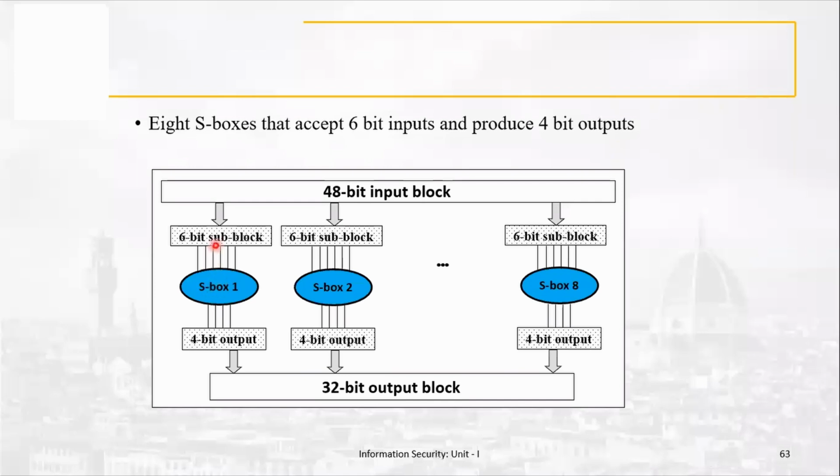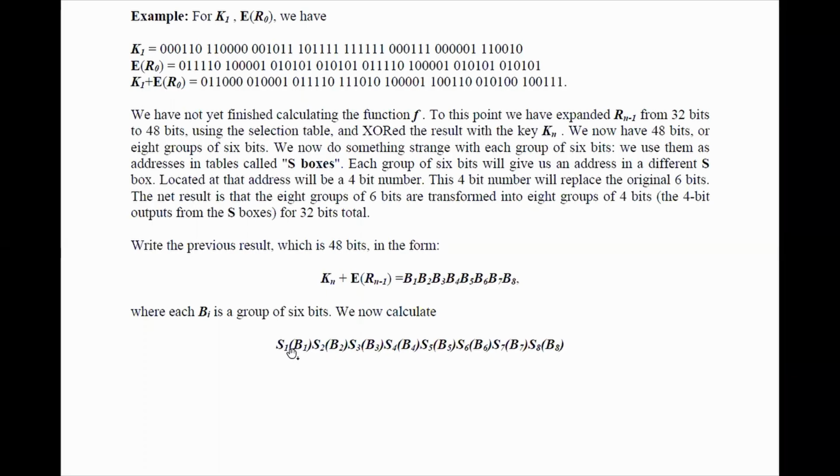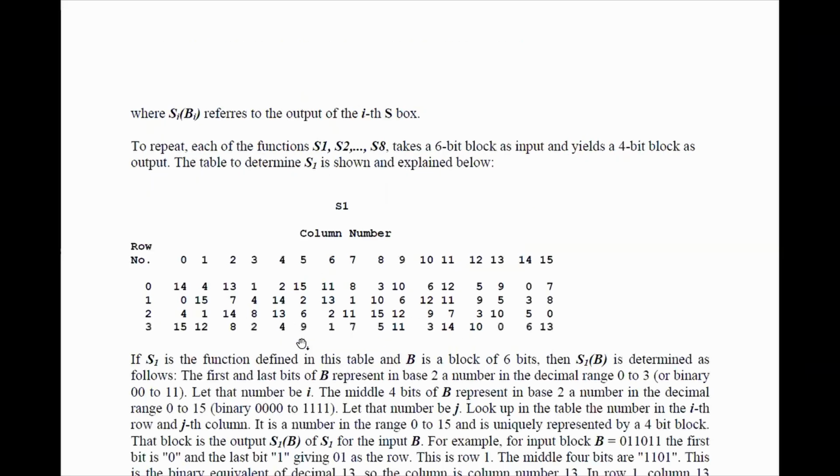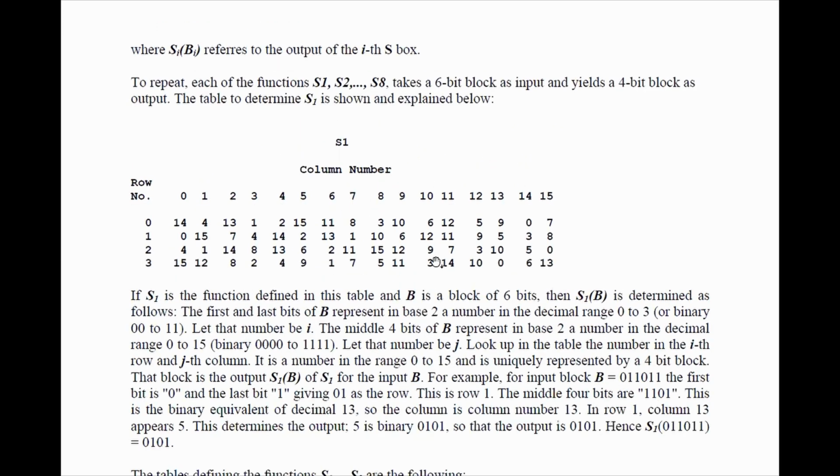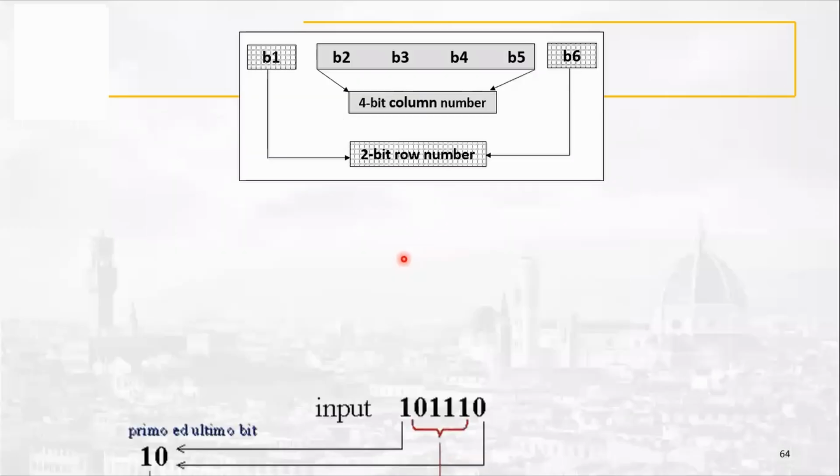This is what is happening. The S1 box you have to apply on B1. This is B2, the S2 box you have to apply on B2, and so on. Once you apply that, you will be preparing the 4 bits. This is the example that we have just seen here.